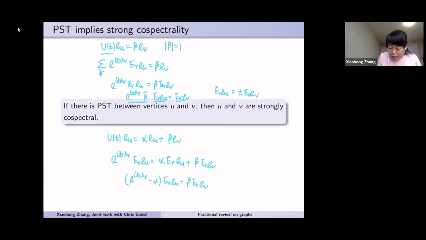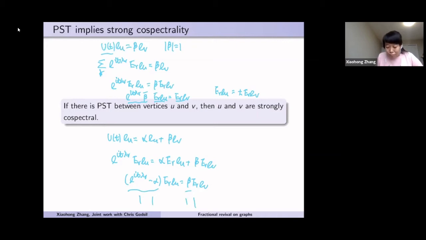So recall that for proper FR, when beta is not 0, that means the two vectors are parallel, so the two vertices are parallel. What about cospectrality? It means that the two columns have the same norm. It can happen if those two have the same norm.